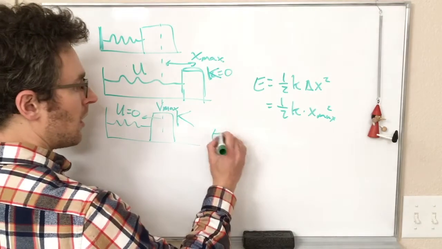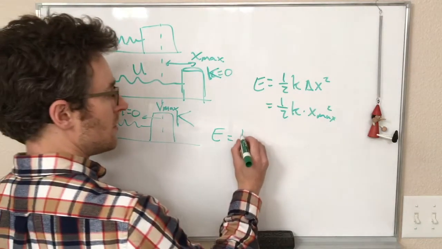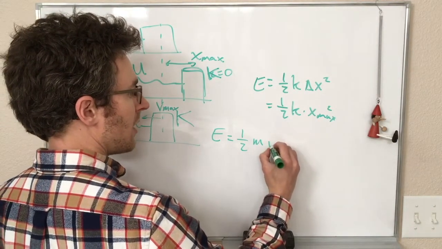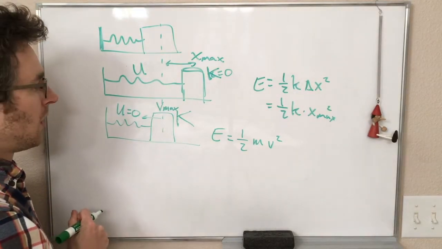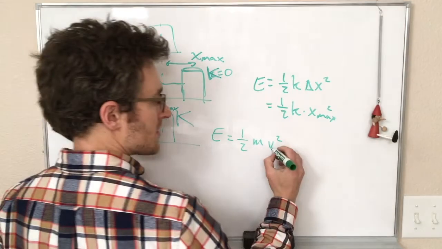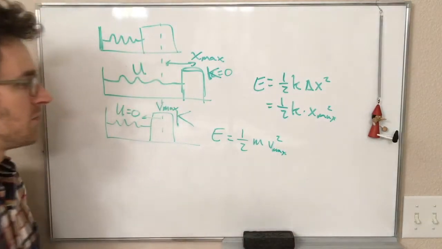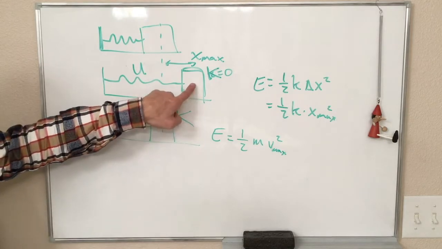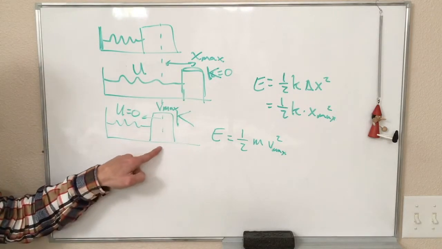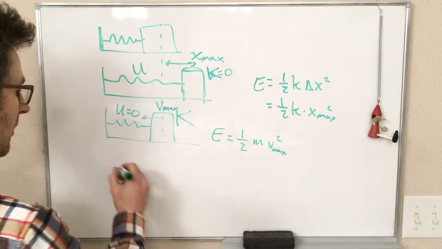Here, our energy is all kinetic energy. So this is 1/2 m v squared, and our potential energy is 0. And this velocity, as I just said, is v max. So if energy is conserved, then 1/2 k x max squared is equal to 1/2 m v max squared.